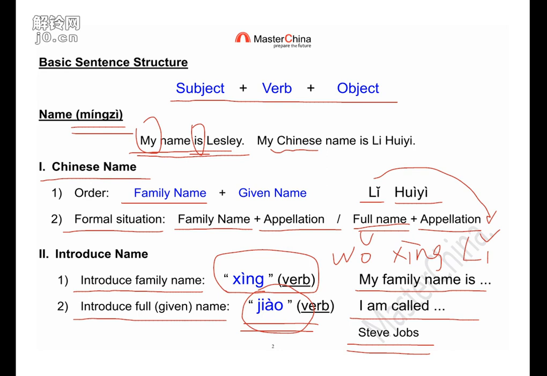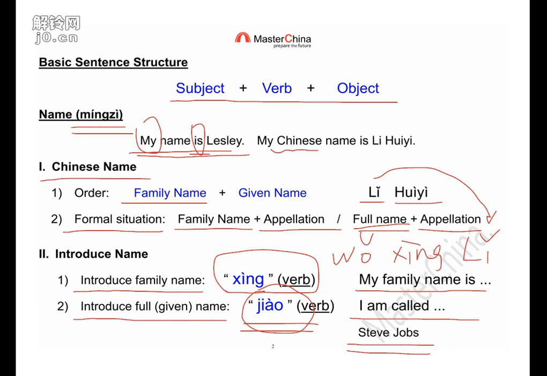Okay? Of course, you can say 是, but I'm talking about the best way or the most formal way. So, 姓 and 叫 for introducing your family name and the full name. Okay, so now if I'm talking about my name again, I will say 我姓李.